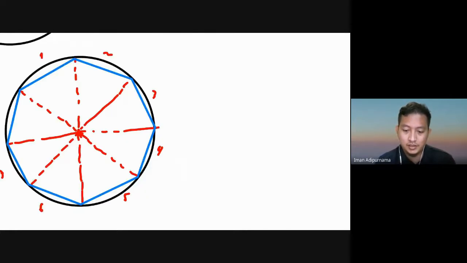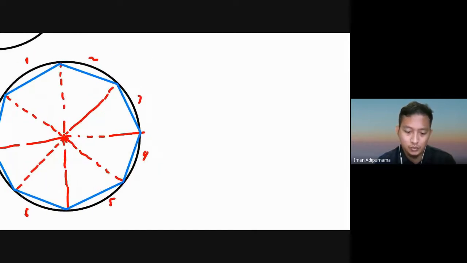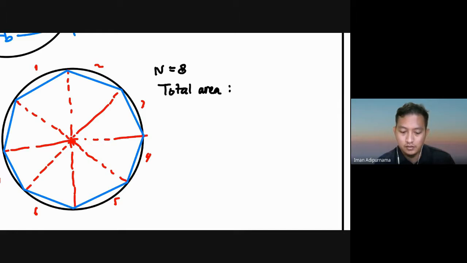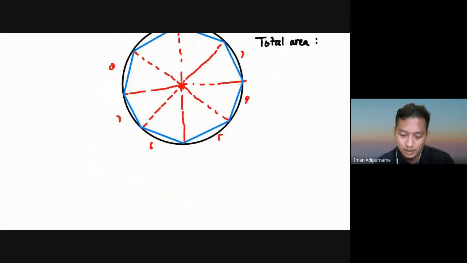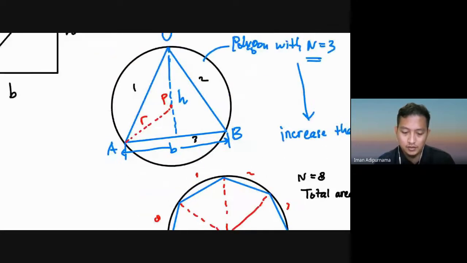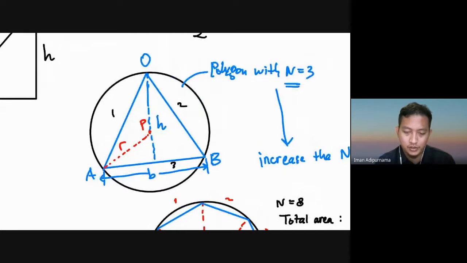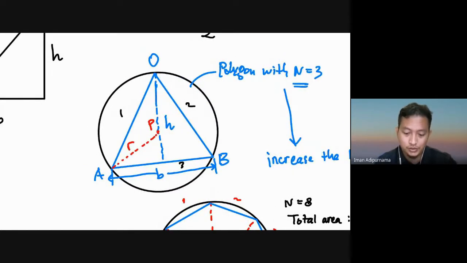So when n is equal 8 here, the total area, remember that we have this A, B, O, and this has the height H. This is the same triangle as ABO at the first, at n equal 3.